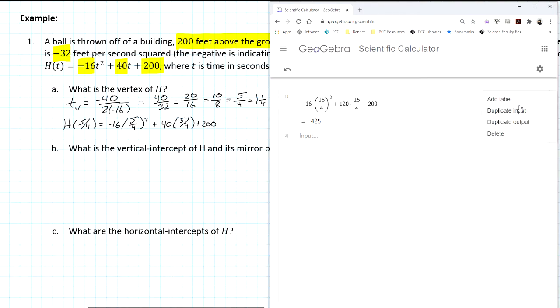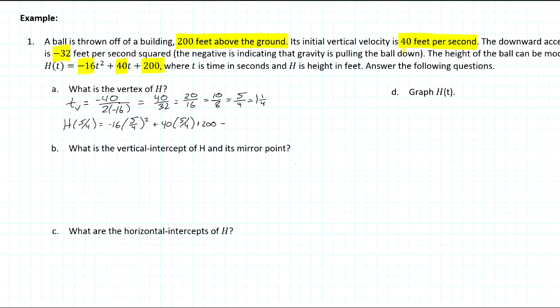Negative 16 times 5/4 to the second, plus 40 times 5/4, and then plus 200 gives us 225. This equals 225. So the vertex is going to be the point 1 1/4, comma 225.